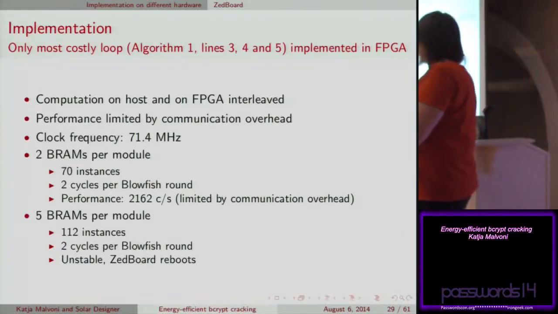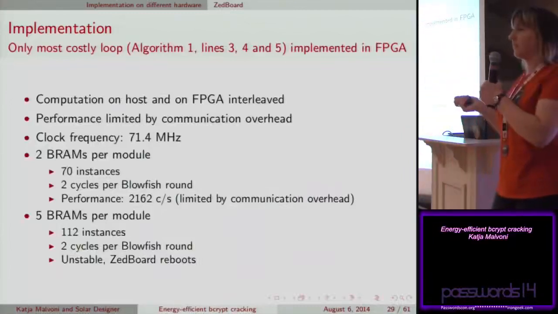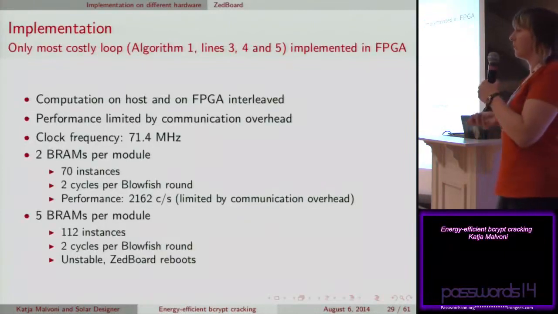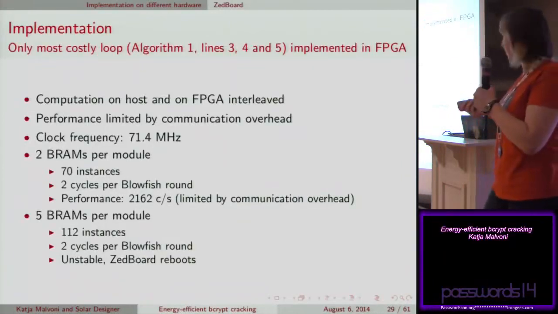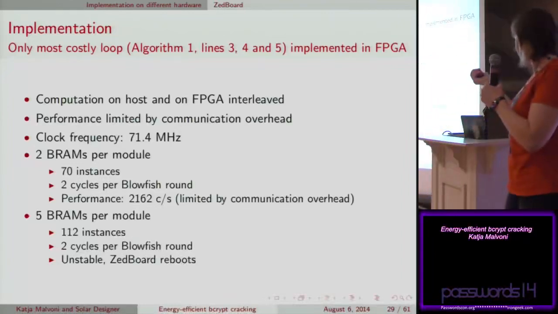So we have two layouts. With 2 VRAMs, we can fit 70 instances because there are 140 VRAMs on the Zynq 7020 device. We run it at 2 cycles per Blowfish round.